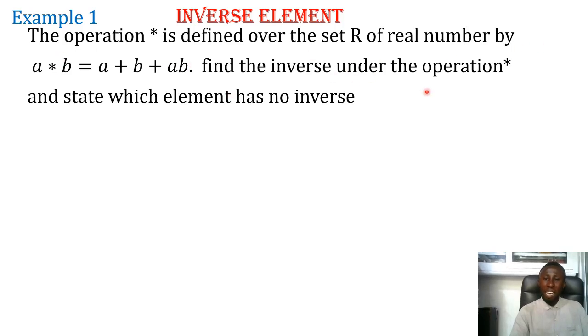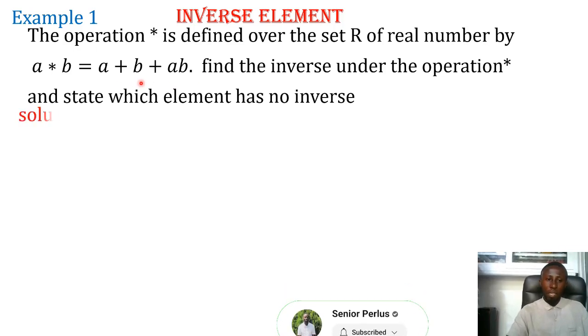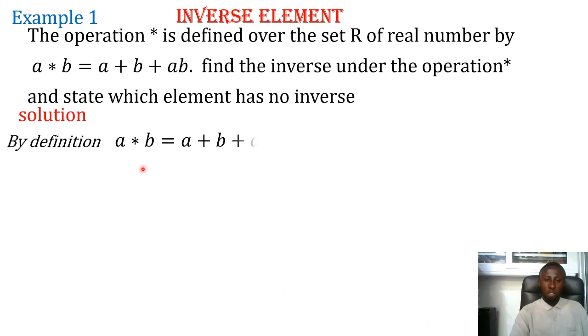Find the inverse under operation star and state which element has no inverse. Before this, you have to know the identity element. In our previous video lesson, we solved the identity element with this definition and got E equals 0. You can go back and watch.